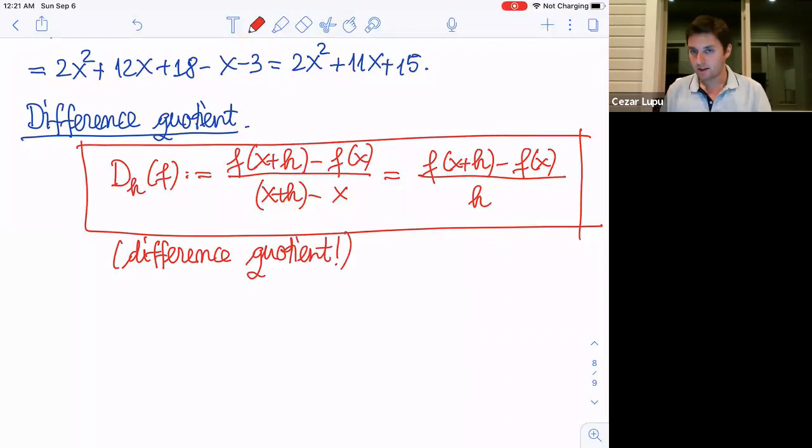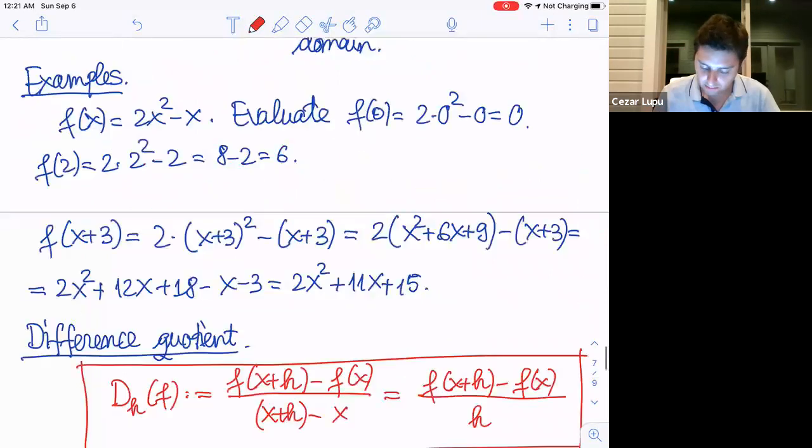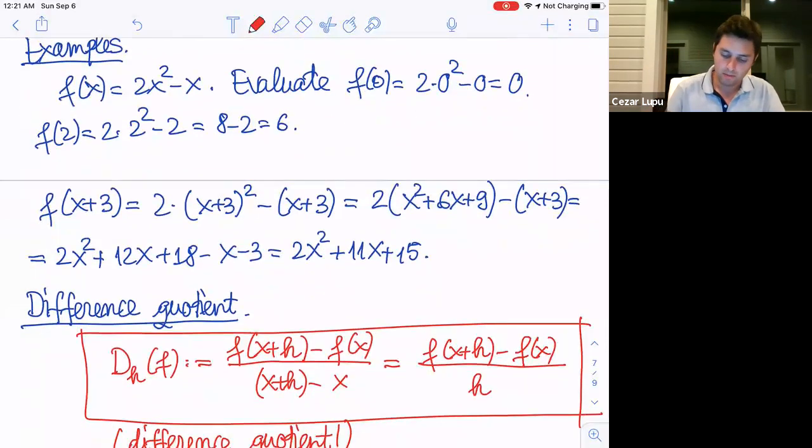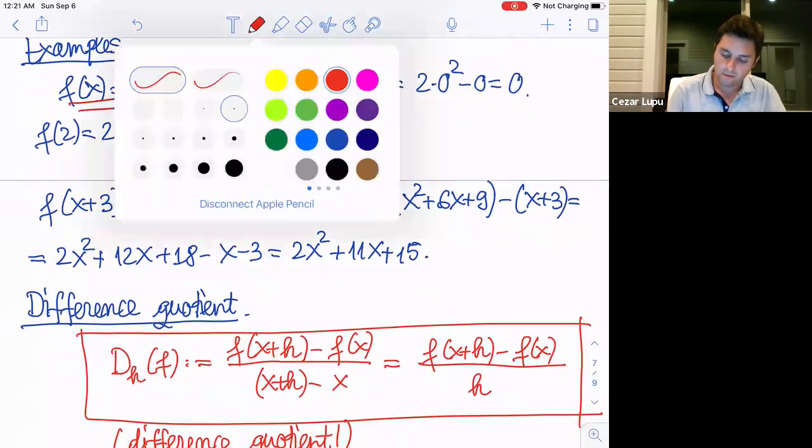And this, like I said, will be very important when we'll talk about derivatives later on. I think that would be chapter number 3. Now let's take a function. In fact, let me take the function from the previous example. Let me take this one here.